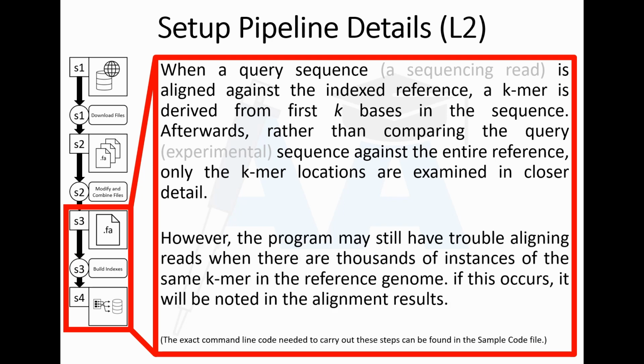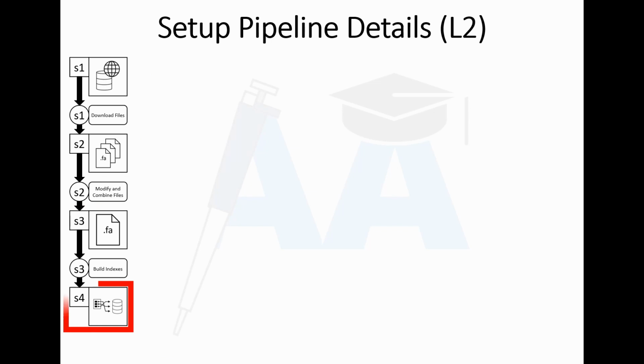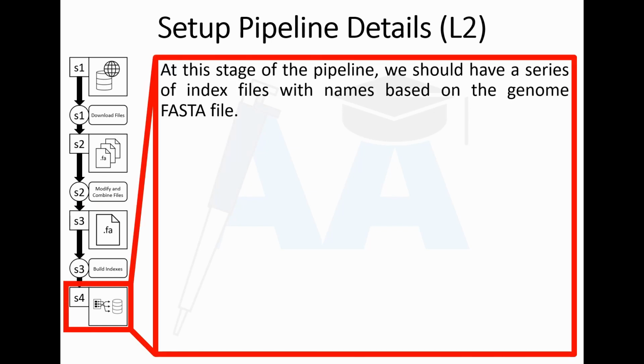The program may still have trouble aligning reads when there are thousands of instances of the same k-mer in the reference genome. If this occurs, it will be noted in the alignment results. Once the indexing is complete, we would have a series of index files with names based on the genome FASTA file. Collectively, these files comprise the index against which the alignment happens.